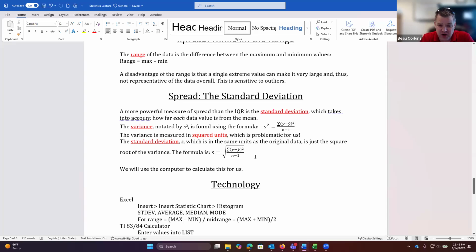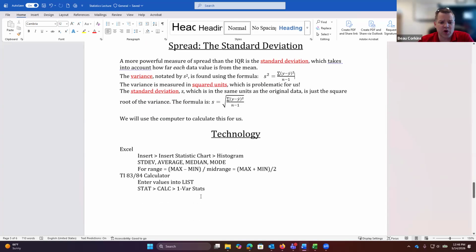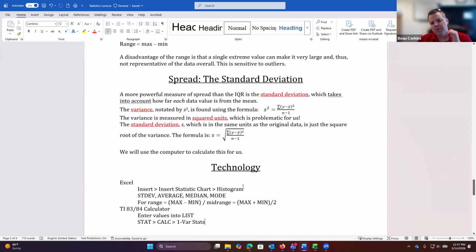So be very aware that we're only going to use technology to calculate this. Our technology is Excel. You can do this in the calculator as well with what's known as one variable statistics, one var stats, but mostly we're going to use Excel.